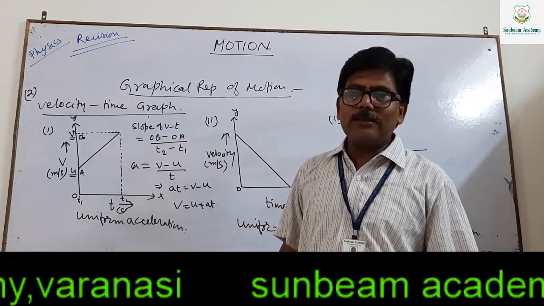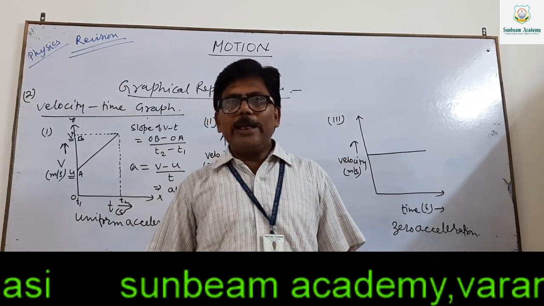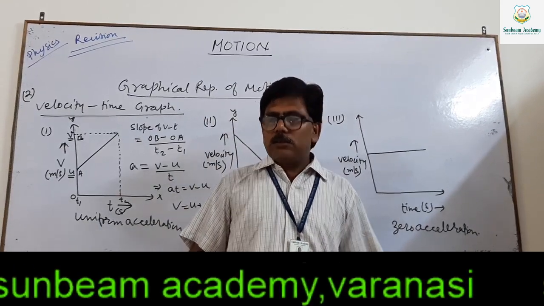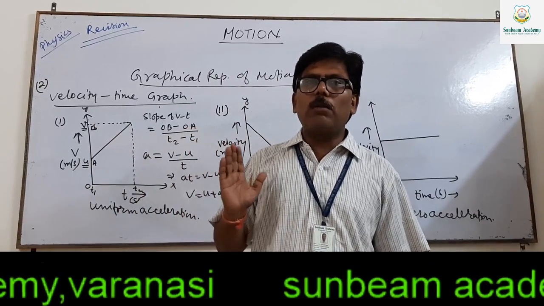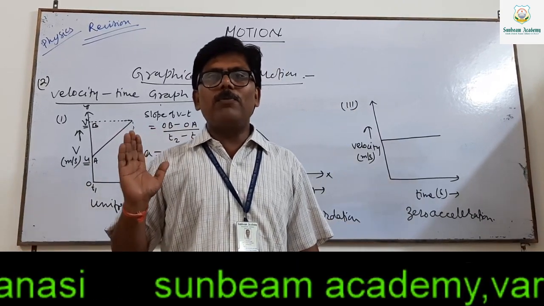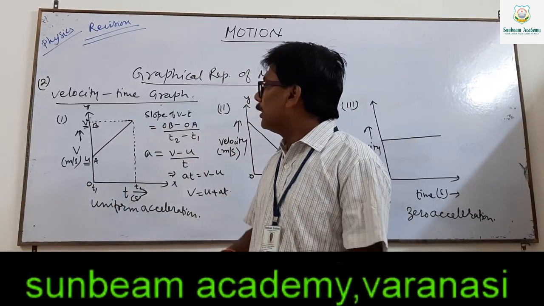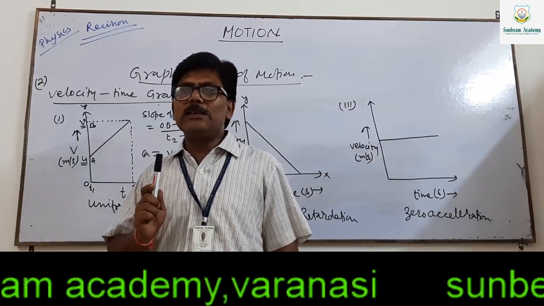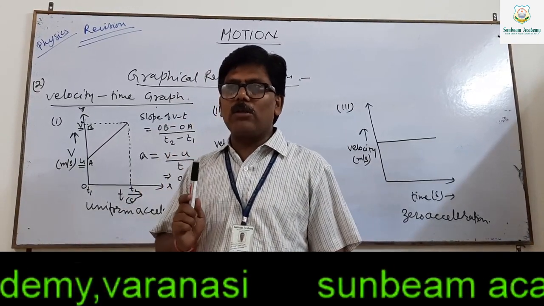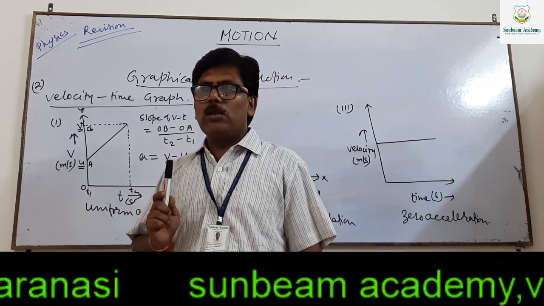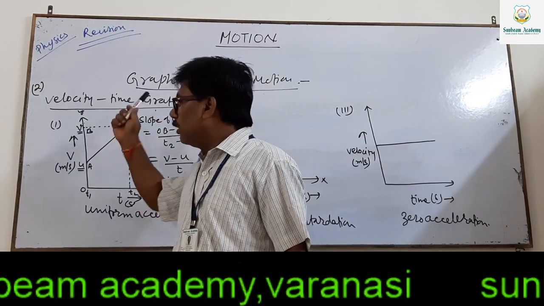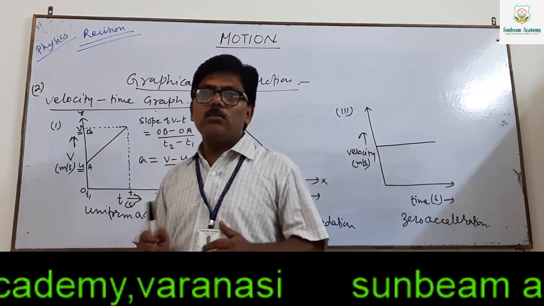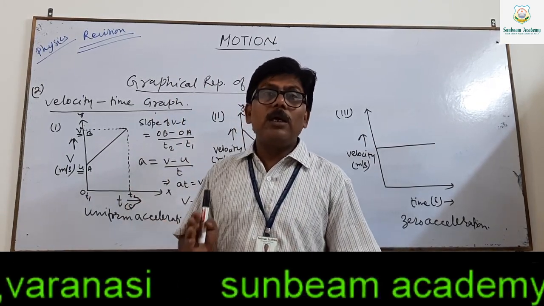Now let us move to the next part of this chapter, that is how to derive the equations of motion with the help of the graphical method, when the object has some initial velocity. So we will move into detail of this part to derive all three equations of motion with the help of the graphical method.